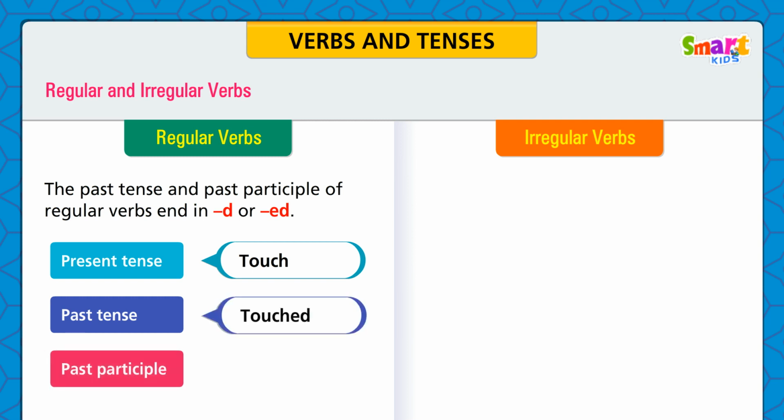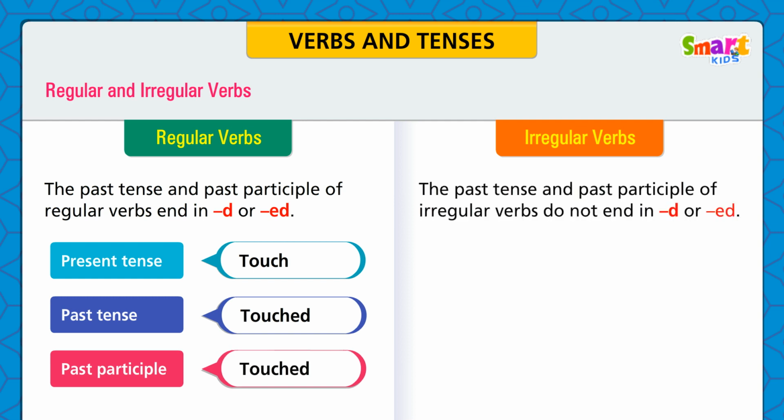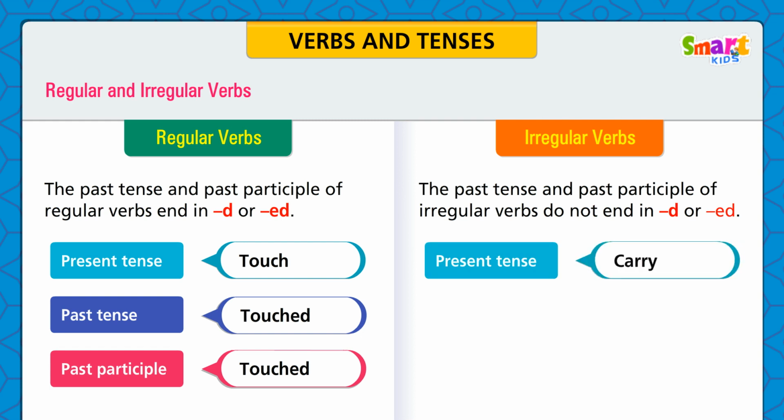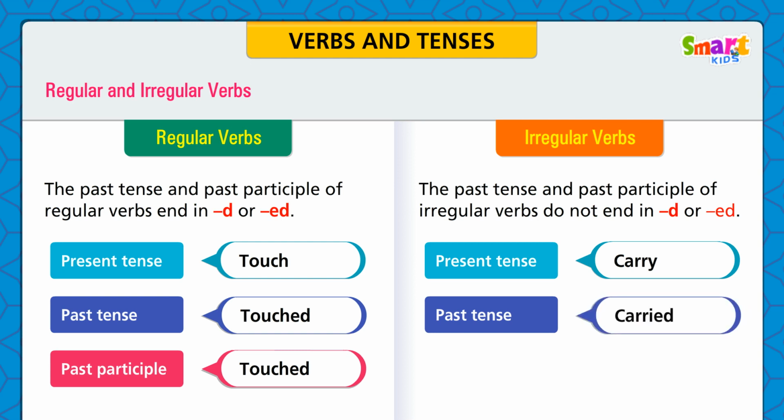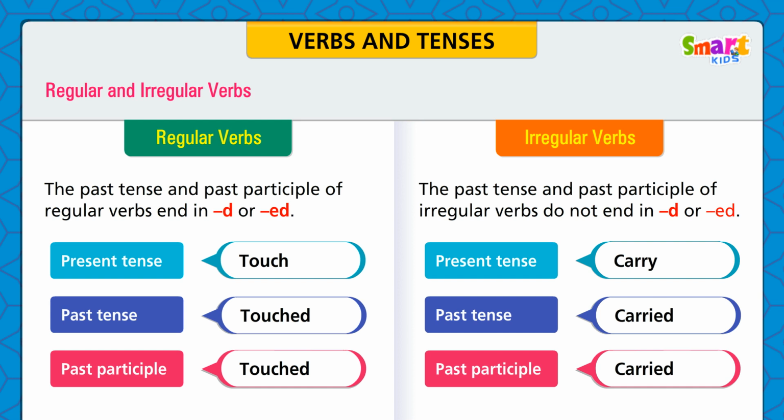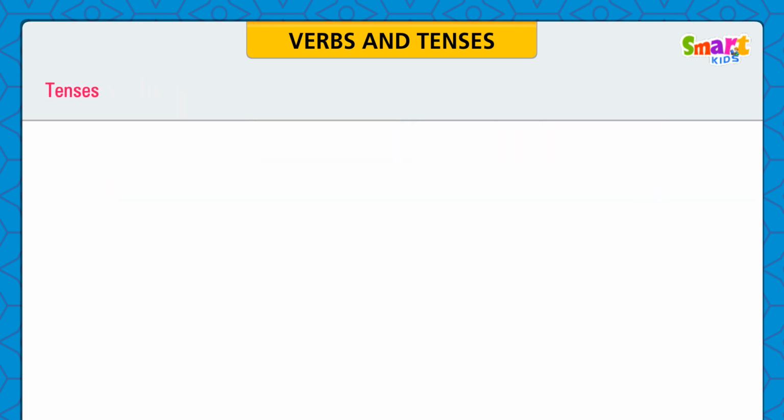Past participle, touched. The past tense and past participle of irregular verbs do not end in D or ED. Present tense, carry. Past tense, carried. Past participle, carried.